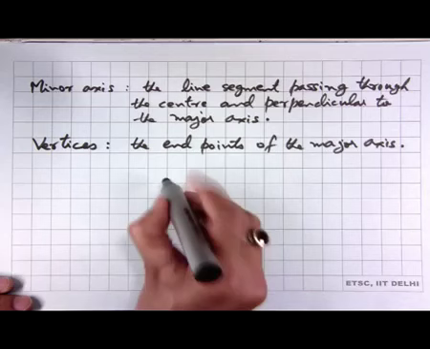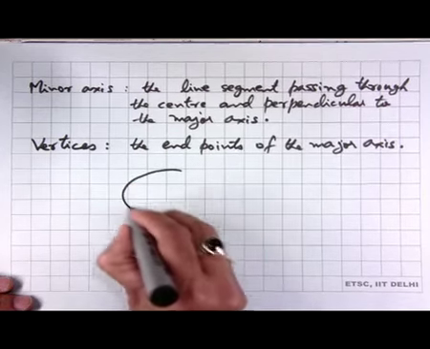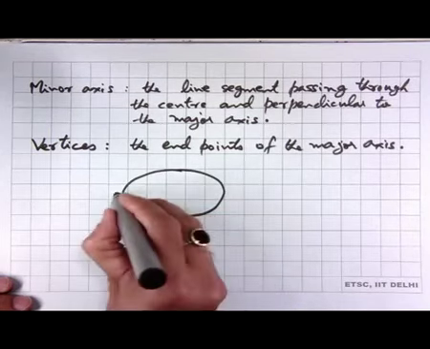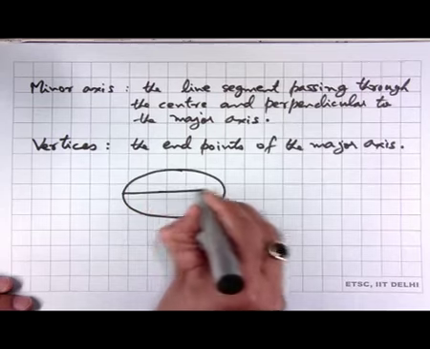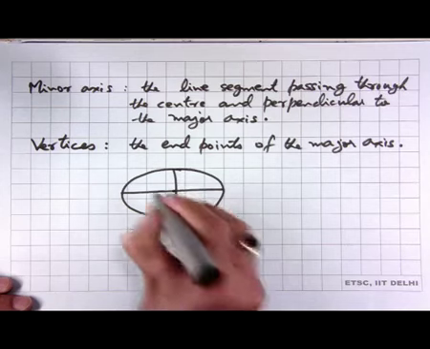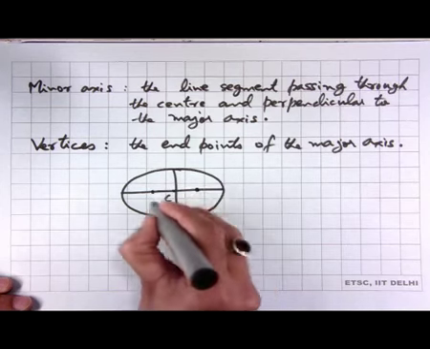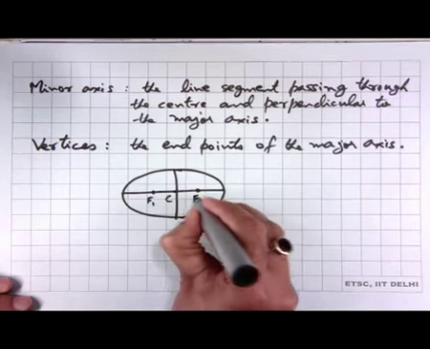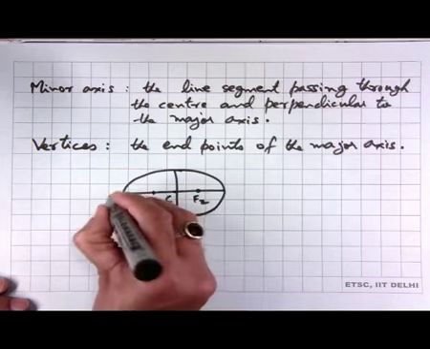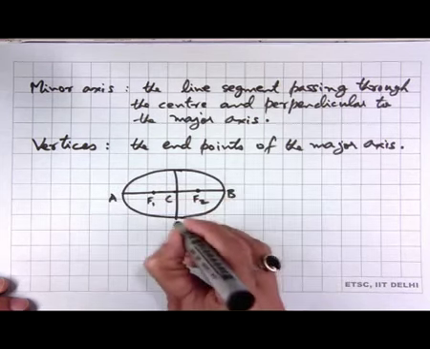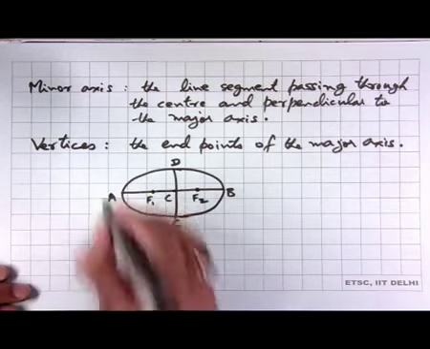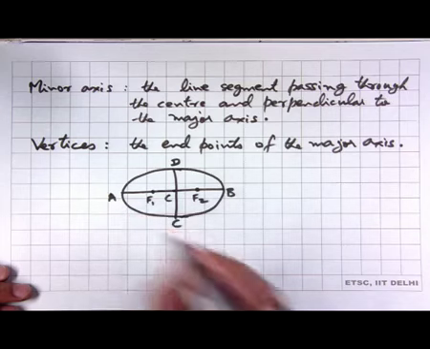So, let us draw an ellipse. This is the center, these are the foci F1, F2. Let us label these A, B and C, D. So, A and B are vertices.